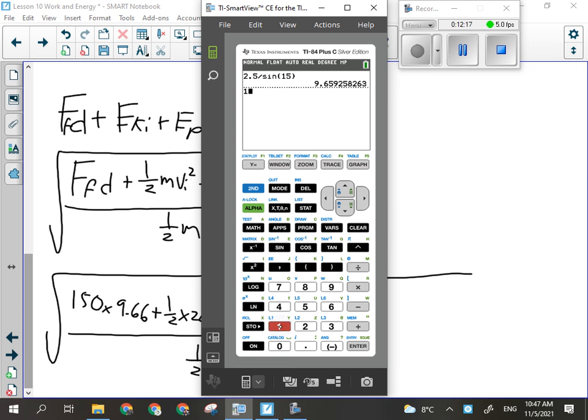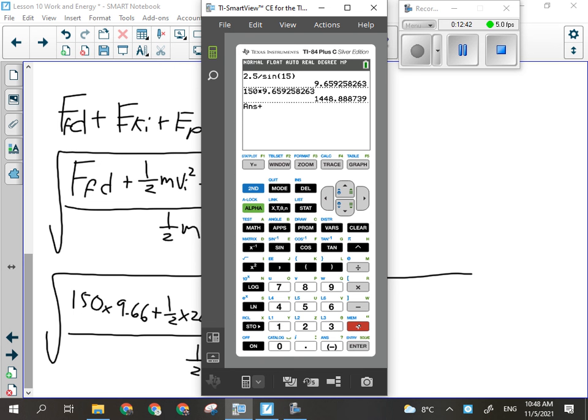So 150 times our answer here. Friction is going to take away 1,448 newtons worth of energy between the top and the bottom. That's the amount of work friction's going to do. Now I'm going to add to that my energy at the top. What do I have to make that number before I do that?